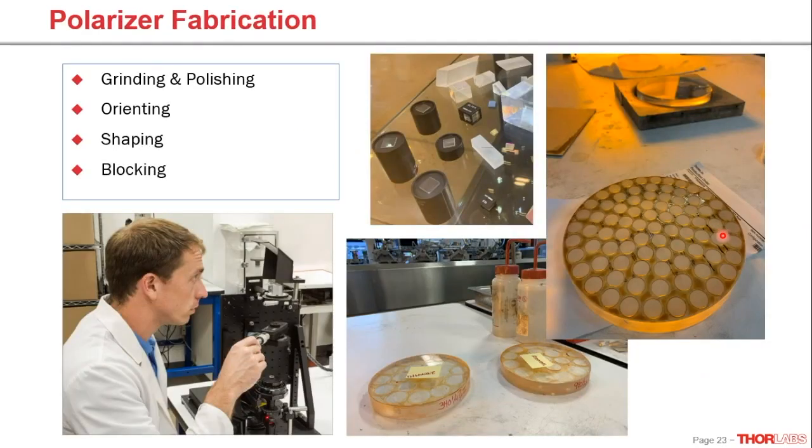And of course, just like with other optics, the grinding and polishing of these parts are very critical, but some other components come into play here as well. For example, it is important for us to orient the parts or the initial material in a configuration where we know that crystal axis well and can tolerance it tightly, so that the optics that are ultimately produced from these enable the characteristics and properties that we desire.